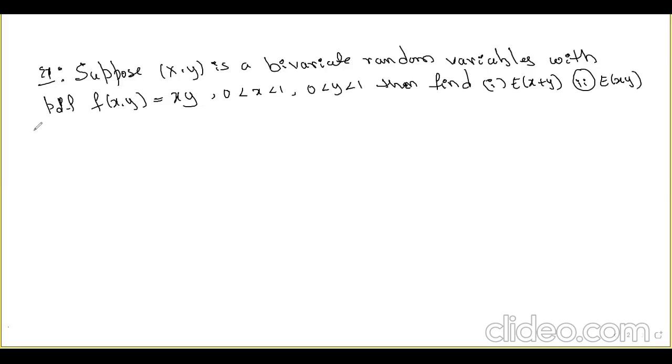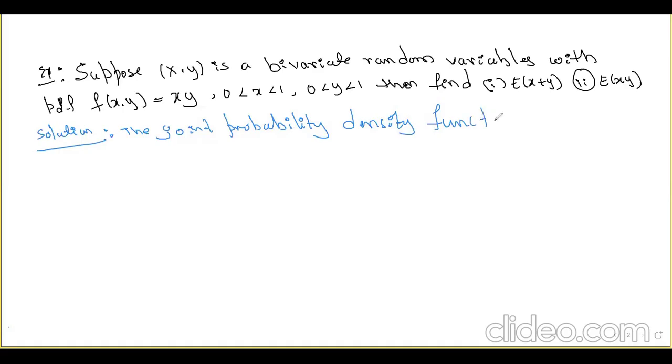So here, what is given? They have given that the joint probability density function is f of x comma y, where f of x comma y is equal to x into y.